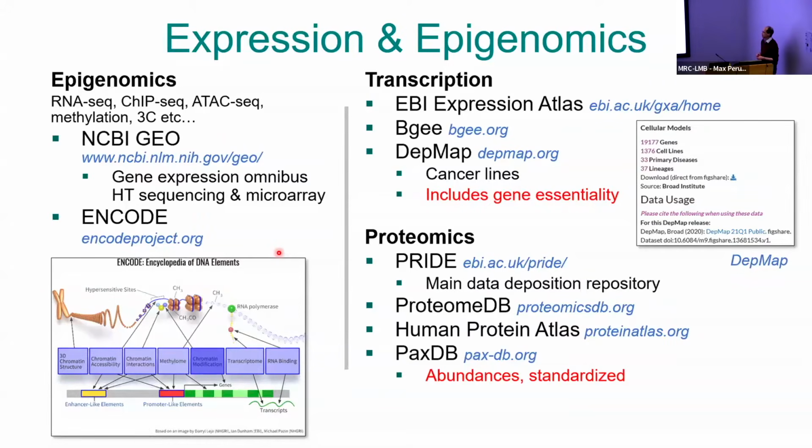So traditionally, when you look at papers, you often see some sort of accession number when people have done some sort of sequencing experiment.